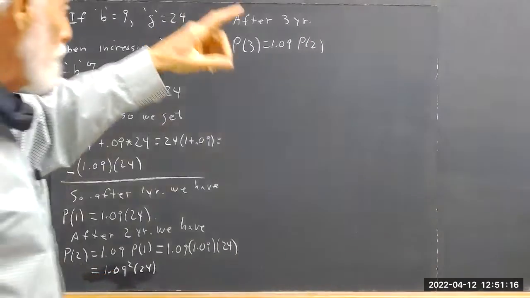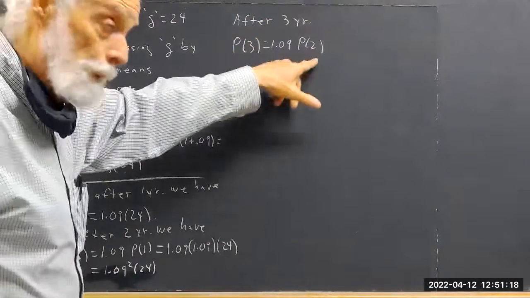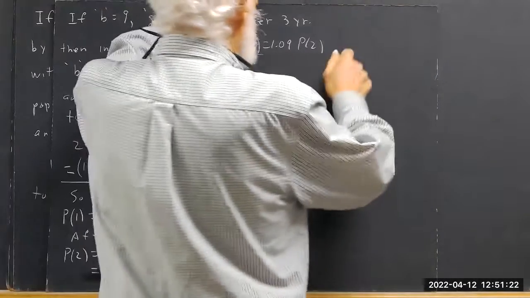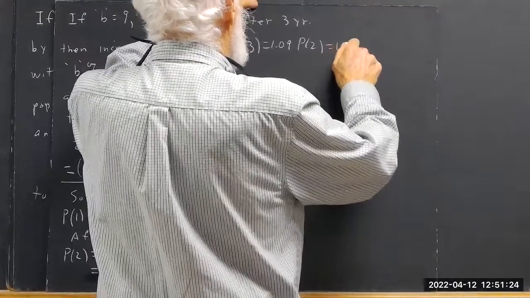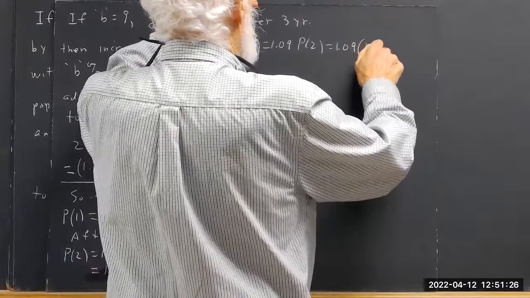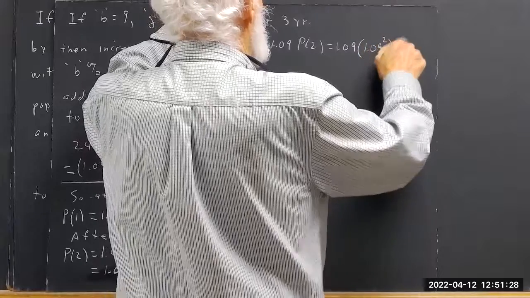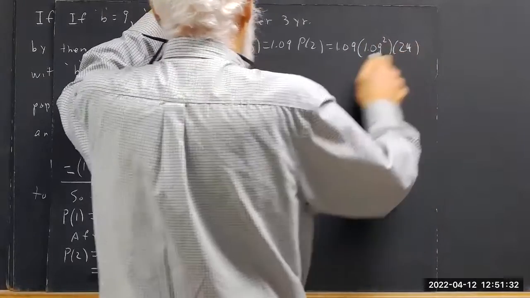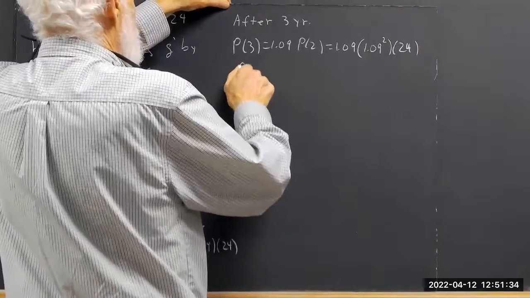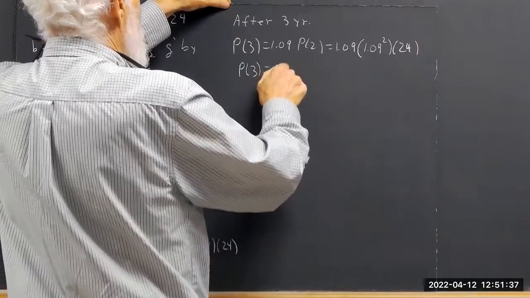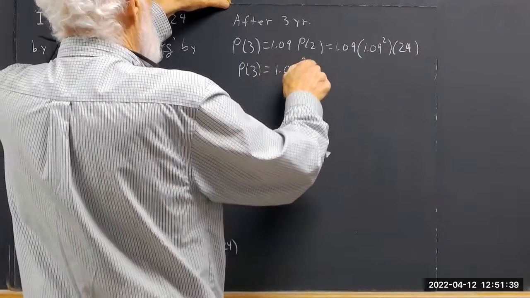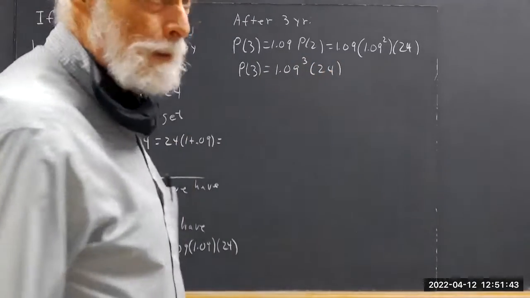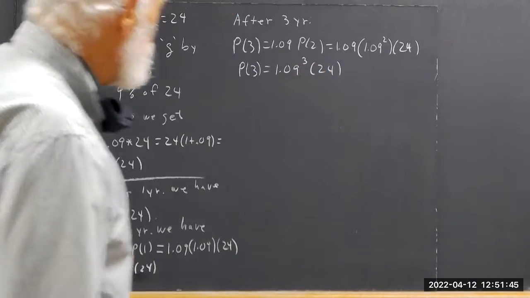In other words, what we have after 3 years is 1.09 times what we have after 2 years. And that equals 1.09 times 1.09 squared times 24, and that's 1.09 cubed times 24.